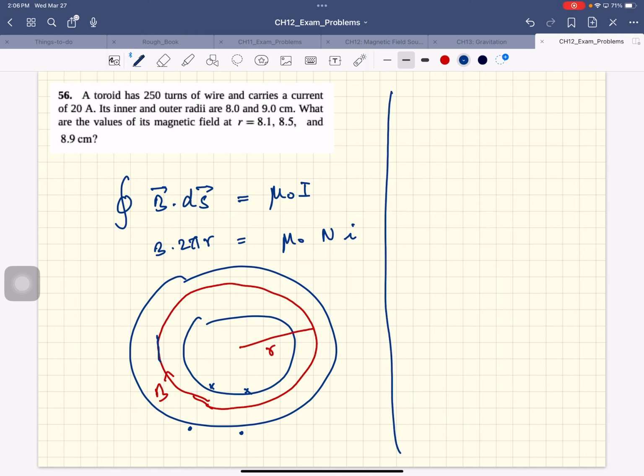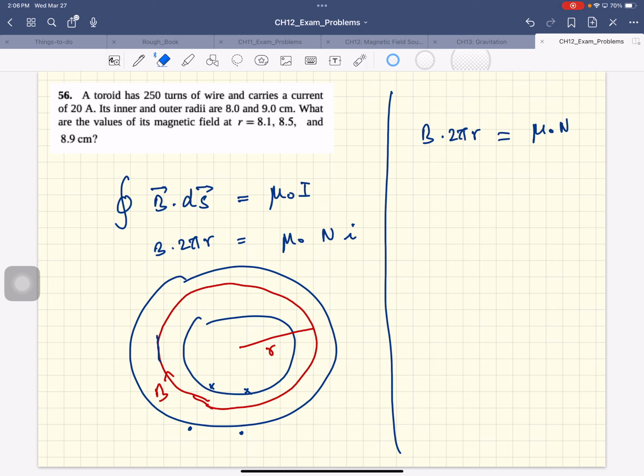Okay? So B times 2 pi r equals mu naught and the number of turns times the current in this loop.